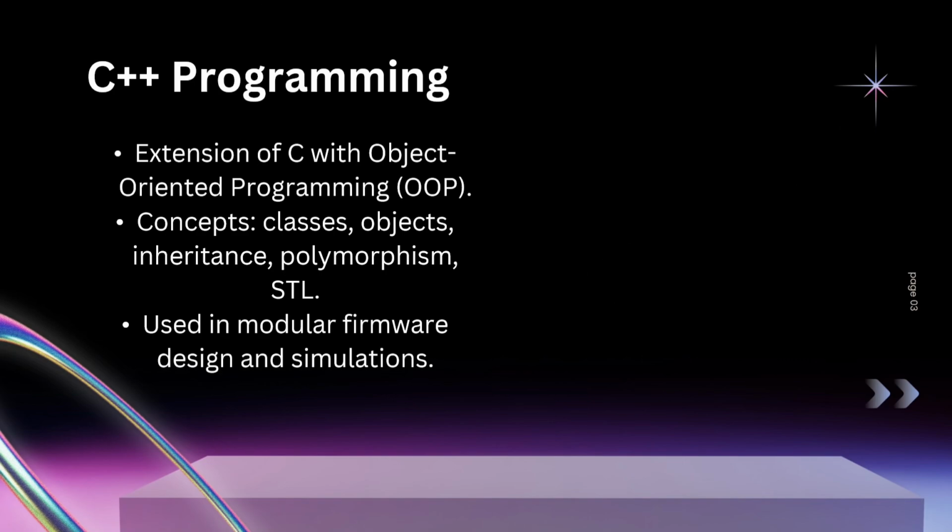The control statements are if else, switch case, loops, functions, and then arrays, strings are used, and object-oriented programming concepts like object, encapsulation, inheritance, polymorphism, abstraction that are used in C++ programming. It is used in modular firmware design and simulation.